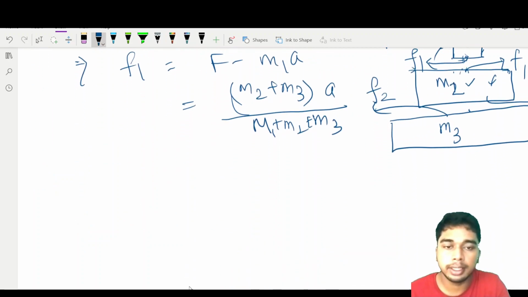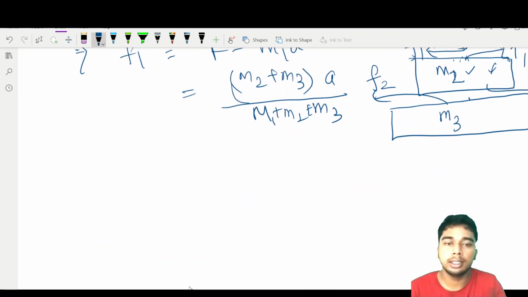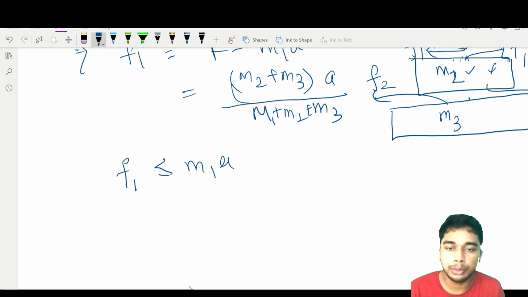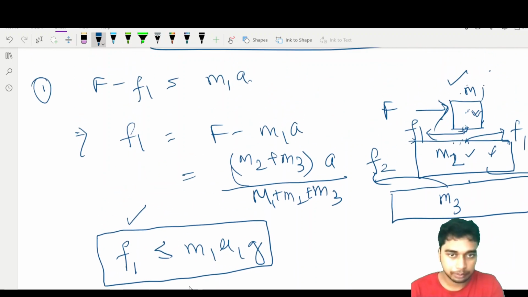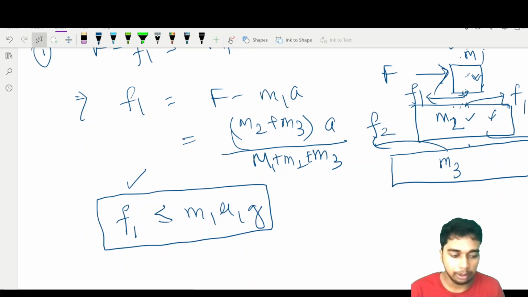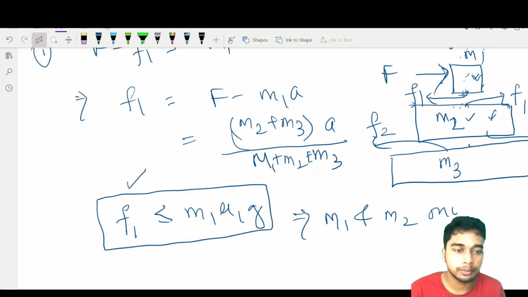Then I will check whether it is less than or equal to mu1 m1 g. I have to check this condition. If this condition is satisfied, then I will come to know that m1 and m2 move together.